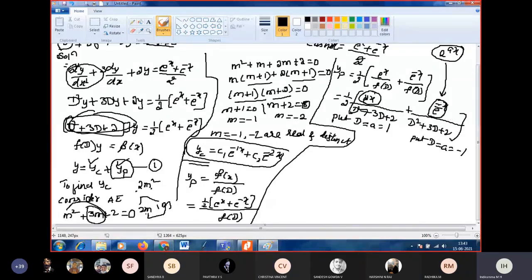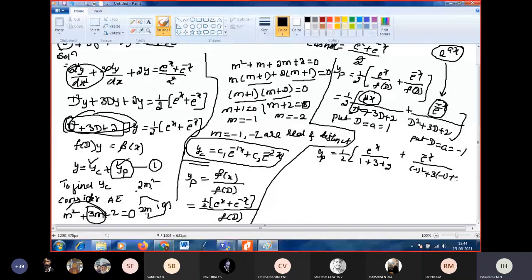Therefore now yp becomes 1 by 2 outside, e power x divided by, replacing d by 1 here, 1 square is 1 plus 3 into 1 is 3, plus 2, so it is 3 plus 2 is 5 plus 1 is 6. Next, plus e power minus x divided by minus 1 whole square plus 3 into minus 1 plus 2.